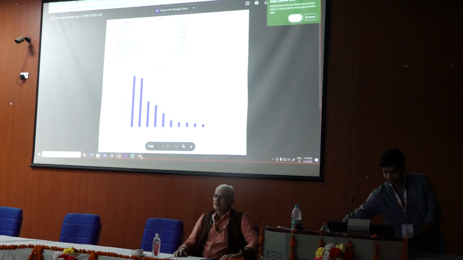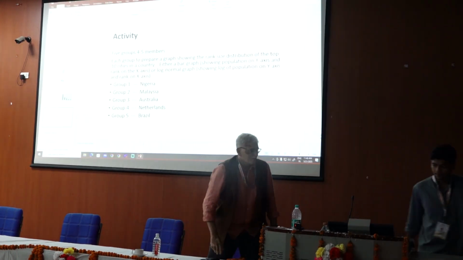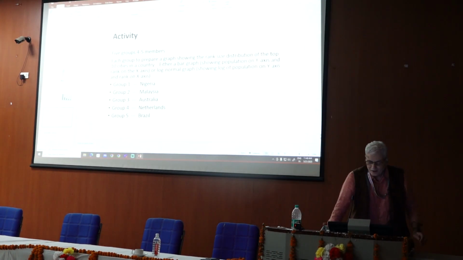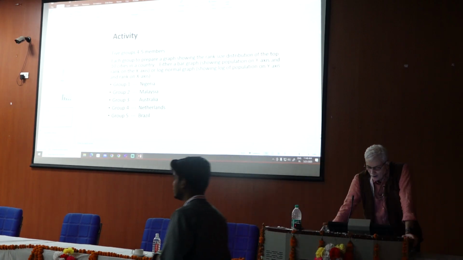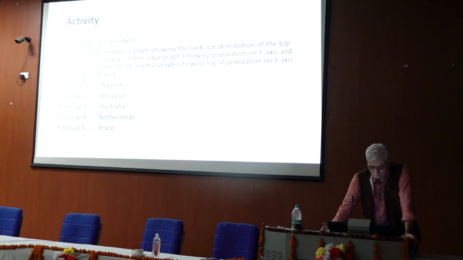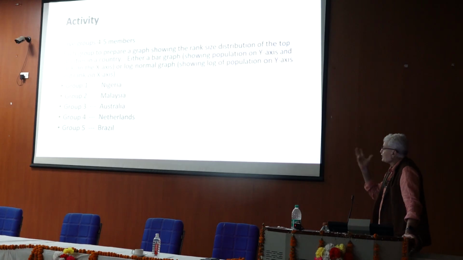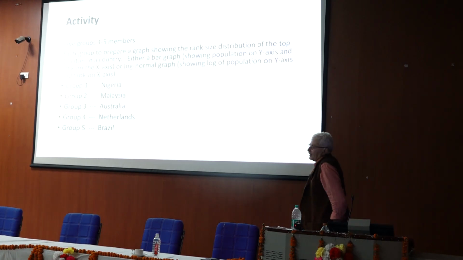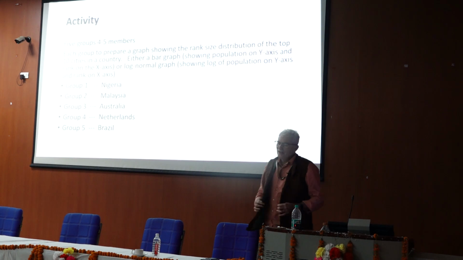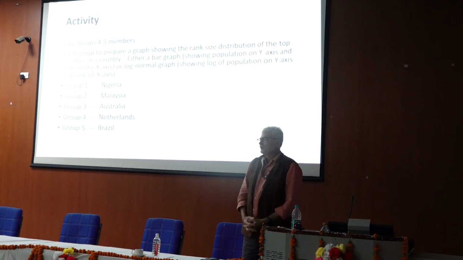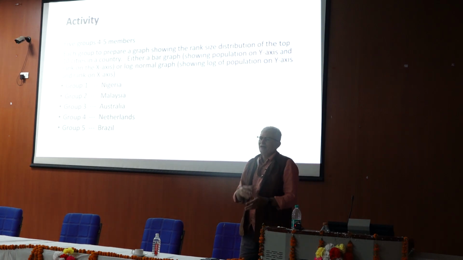Okay, now primacy is a big problem because all the amenities and facilities of a country are concentrated within one city. And when that happens, more people migrate there, and a primate city starts becoming bigger and bigger and bigger.